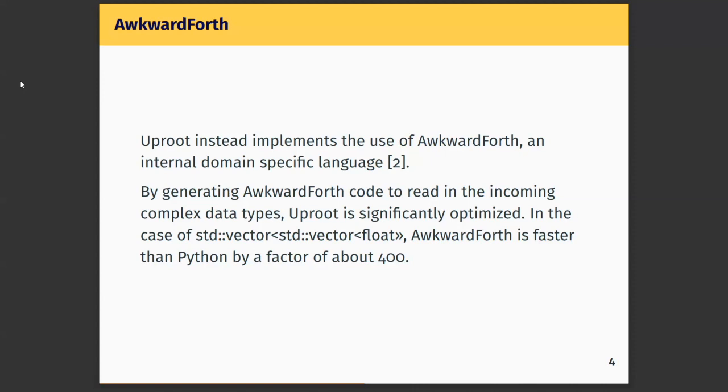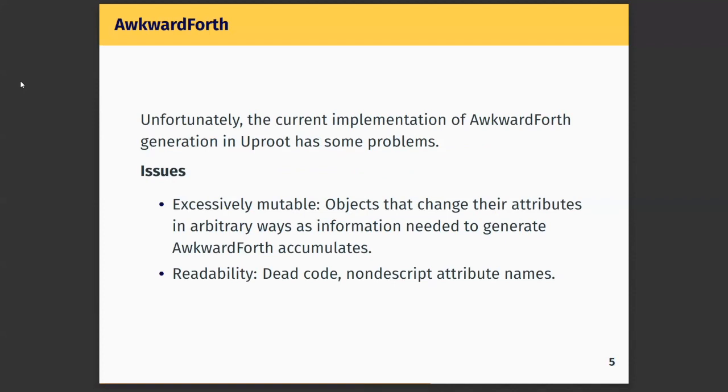For the case of a 2D vector of floats, AwkwardForth is faster than Python by about a factor of 400, which is really significant. That's fantastic, but unfortunately, in its current implementation, we run into a couple of issues that make it very difficult to debug and maintain.